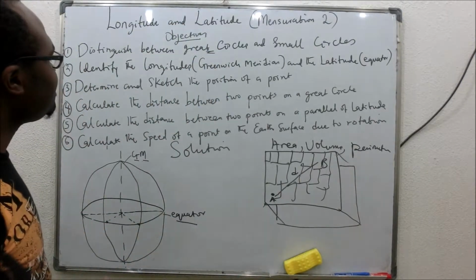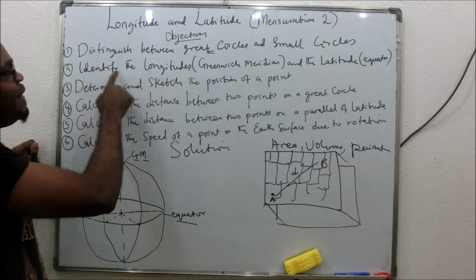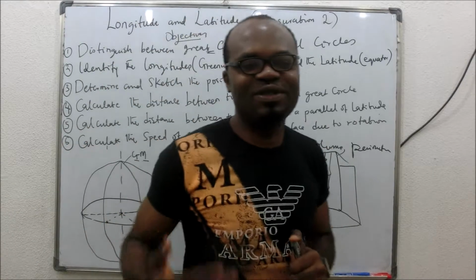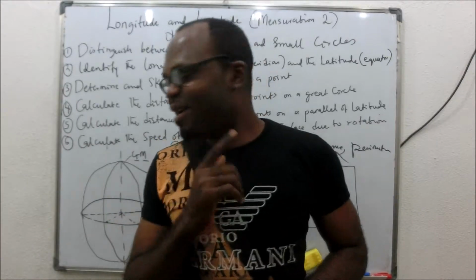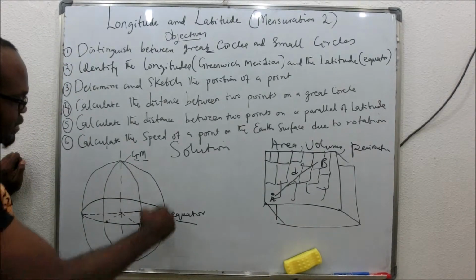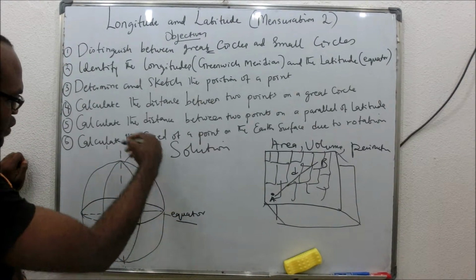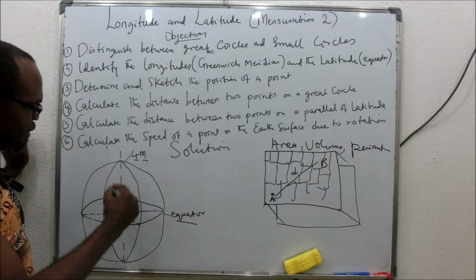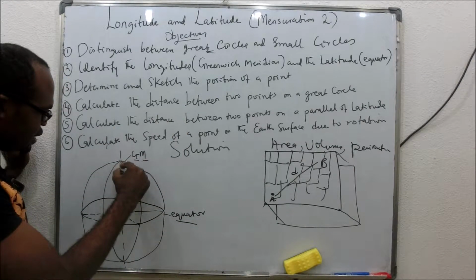Number two, you're going to be able to identify the longitudes and the latitudes. Now, what are the longitudes and latitudes? If you want to run circles across the Earth's surface, you can run as many as you want.